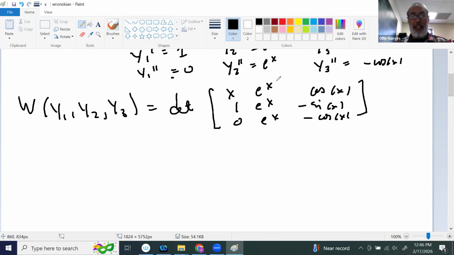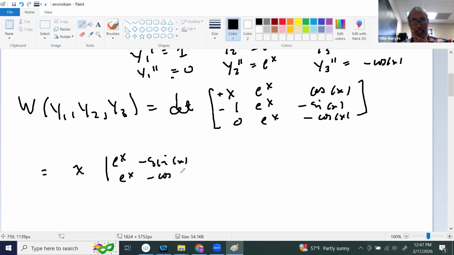This column has a 0 in it, so we'll go ahead and take plus for this cofactor and minus for that one. So the determinant will equal x times the determinant of e to the x, minus sine x; e to the x, minus cosine x; minus, and minus is a plus, 1 times the determinant of e to the x, cosine x.